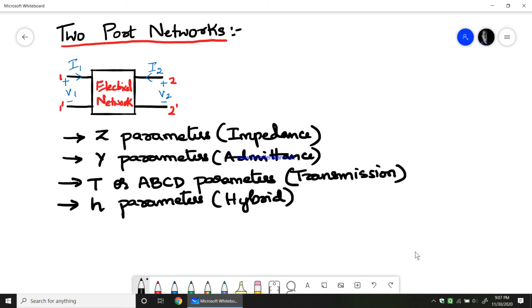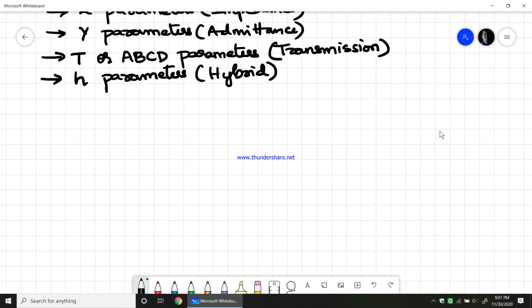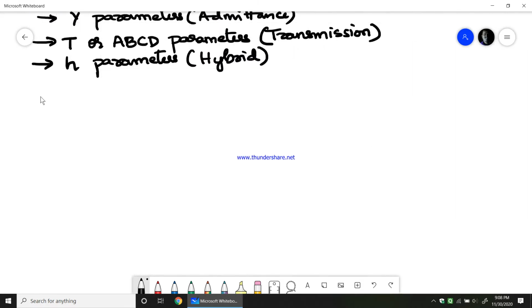Now we will discuss Z parameters. We will see the definition of Z parameters. For defining the Z parameters, we normally go with two different equations for the two-port network.